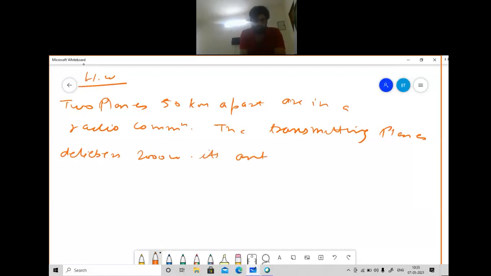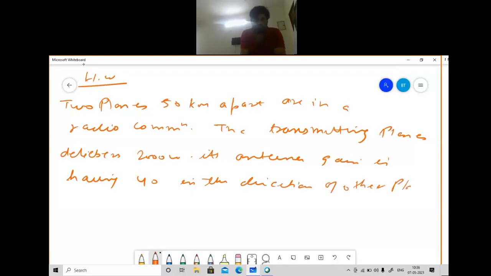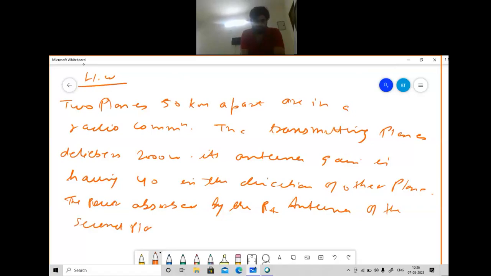Its antenna gain is given as 40 in the direction of the other plane. The power absorbed by the receiving antenna of the second plane is 20 microwatt.